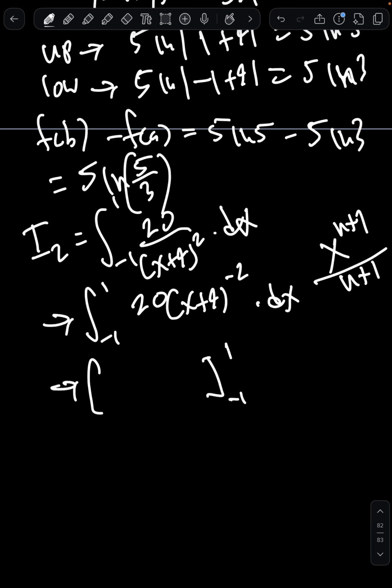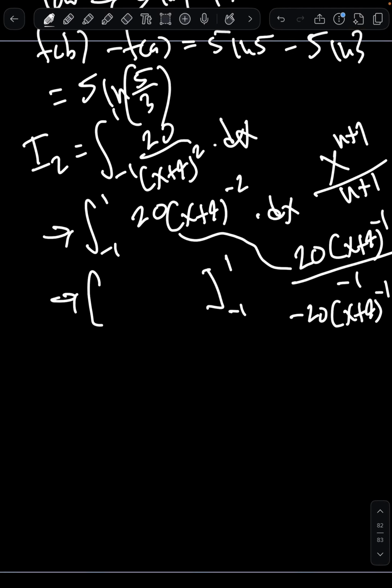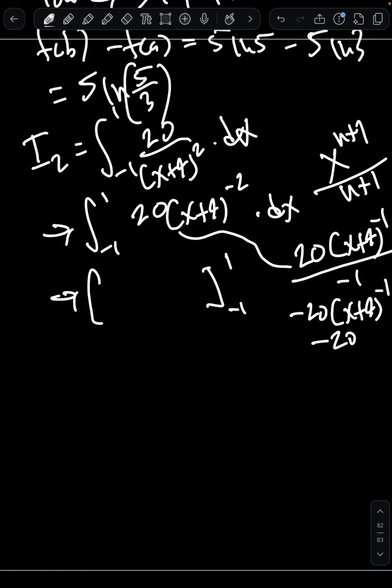So if we pull this out for a second, we'd have 20 times x plus 4, and n plus 1 would be -2 plus 1, which gives -1, divided by that -1. That gives us -20 times x plus 4 to the -1, and we can rewrite it as -20 over x plus 4.